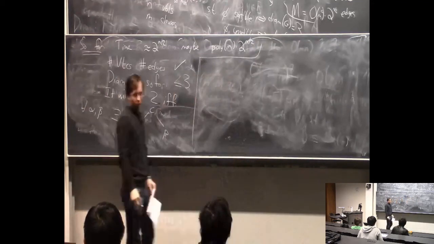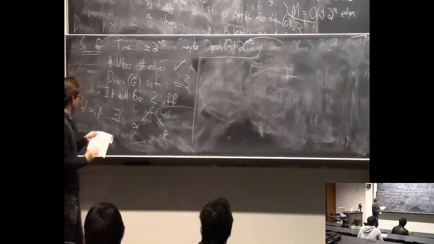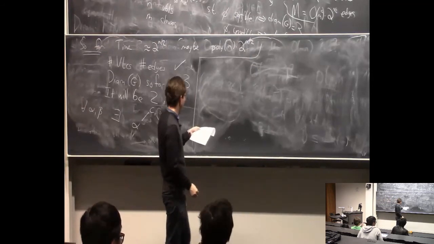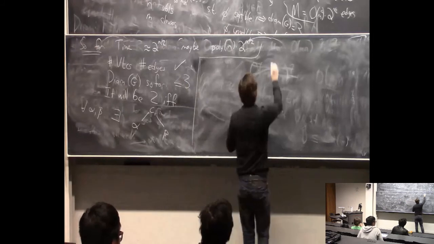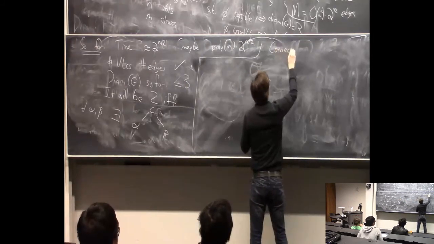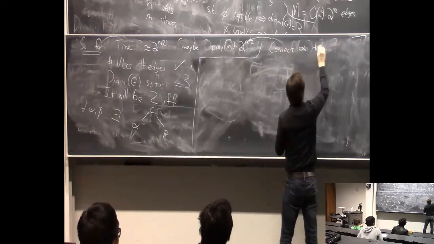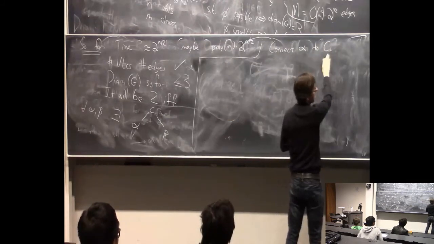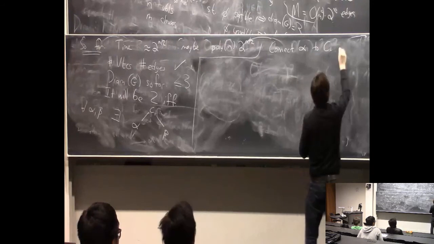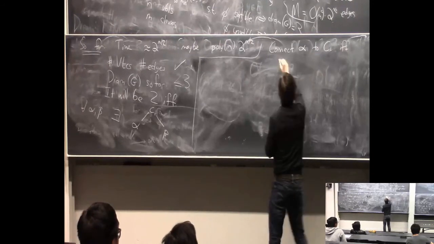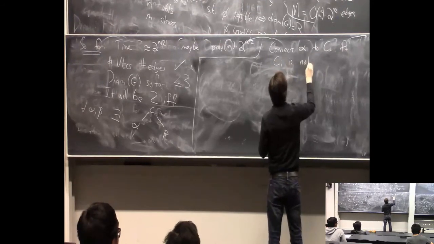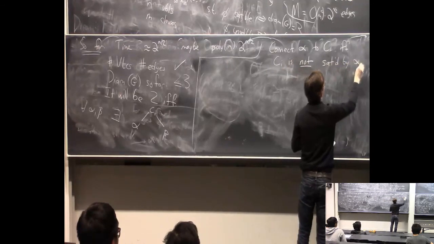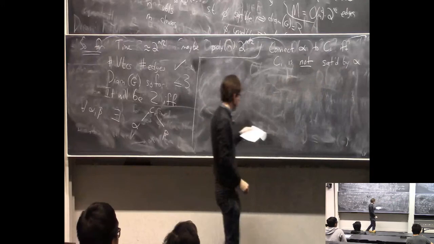OK. So now I'm going to tell you how to put in those edges. So here it is. So we're going to connect alpha to Ci. I just mean for any alpha and any Ci, I'll put in an edge if and only if Ci is not satisfied by alpha. OK, if it's not already satisfied by alpha.